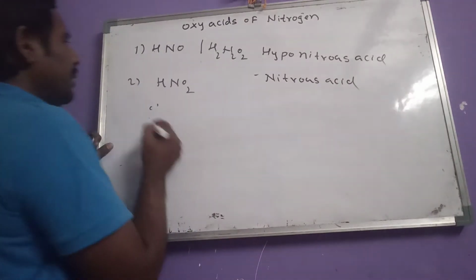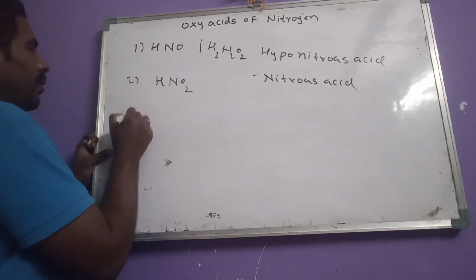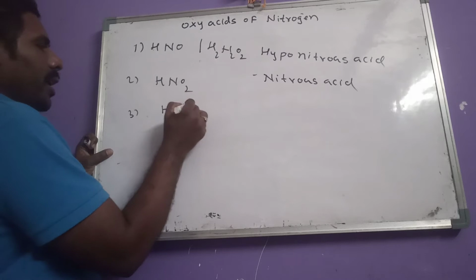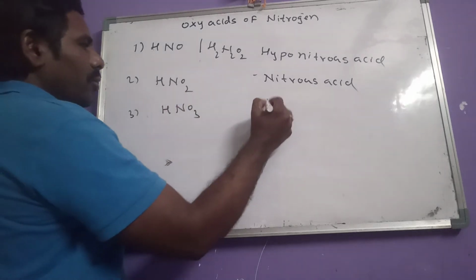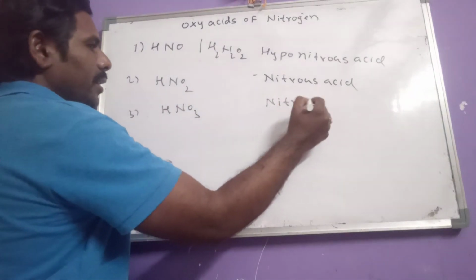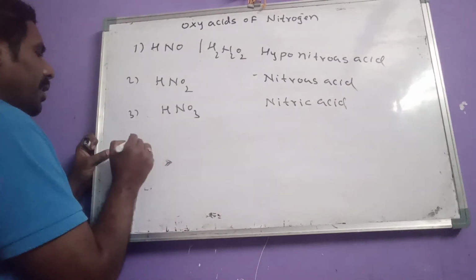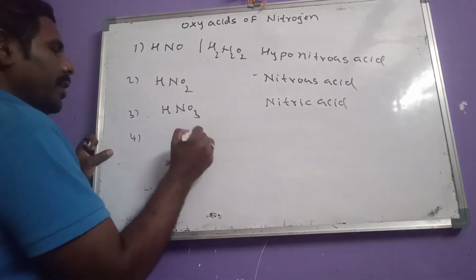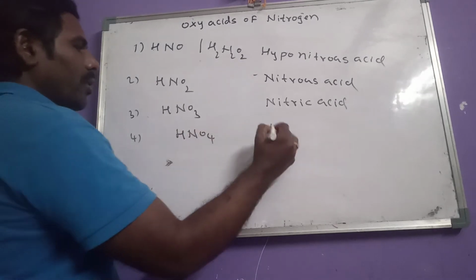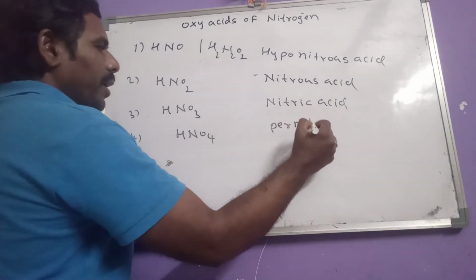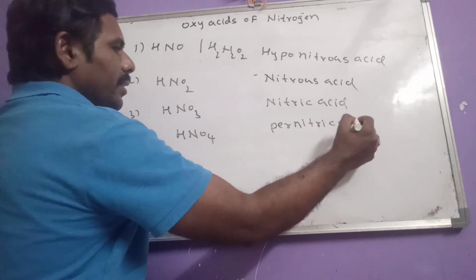nitrous acid. And what is the third one here? HNO3, orthonitric acid, or simply we call it as nitric acid. And fourth one is HNO4, known as pernitric acid.